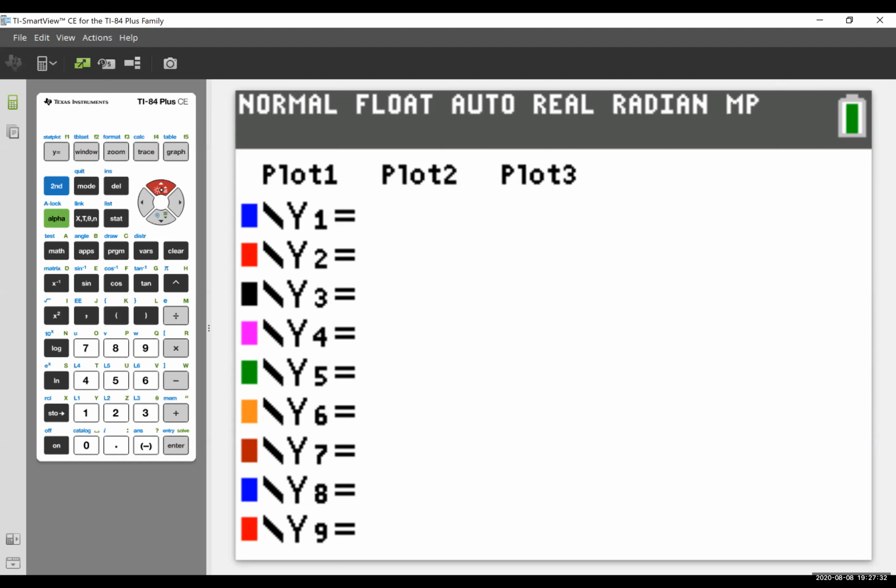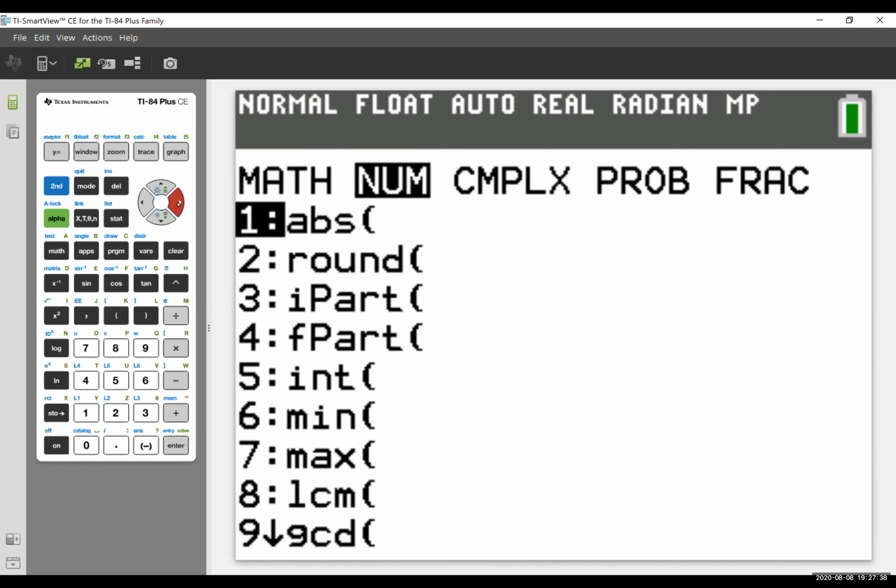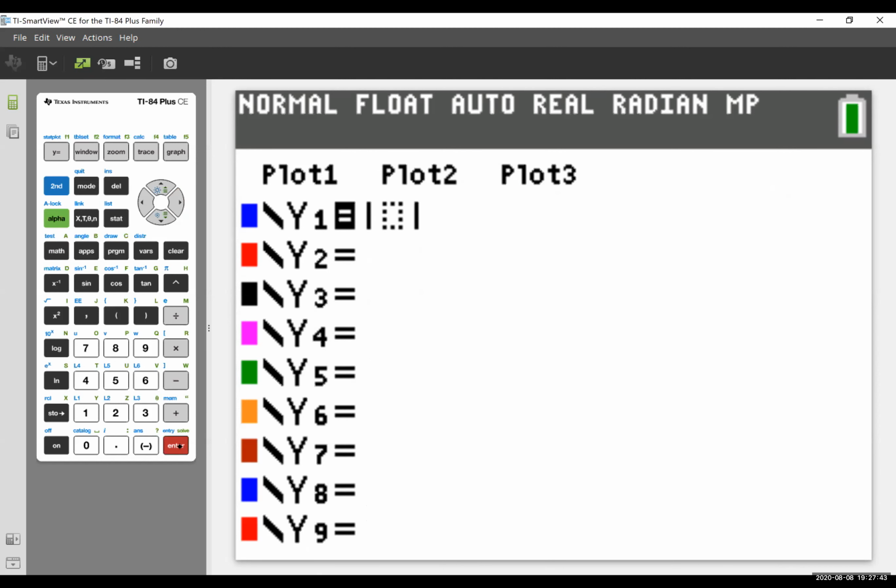To type in absolute value, we go to the math key, scroll to the right one arrow over to number, ABS, and press enter. My calculator shows the bars, but if you have the ABS, just remember to close your parentheses when you're done entering what's on the inside of the absolute value.